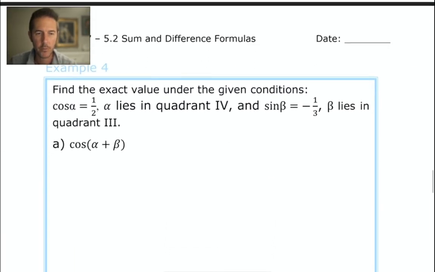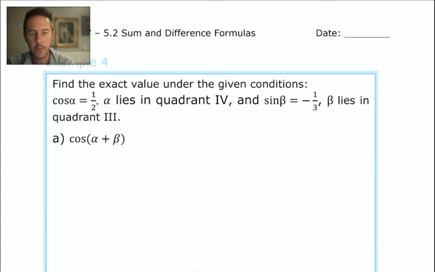What else? So this one is sort of a different setup than we have seen so far. Part A is asking us for cosine of alpha plus beta, and I should probably print out a formula sheet so I don't have to keep pausing and scrolling back to the top of the notes, but I'm going to scroll back and confirm what cosine of alpha plus beta equals.